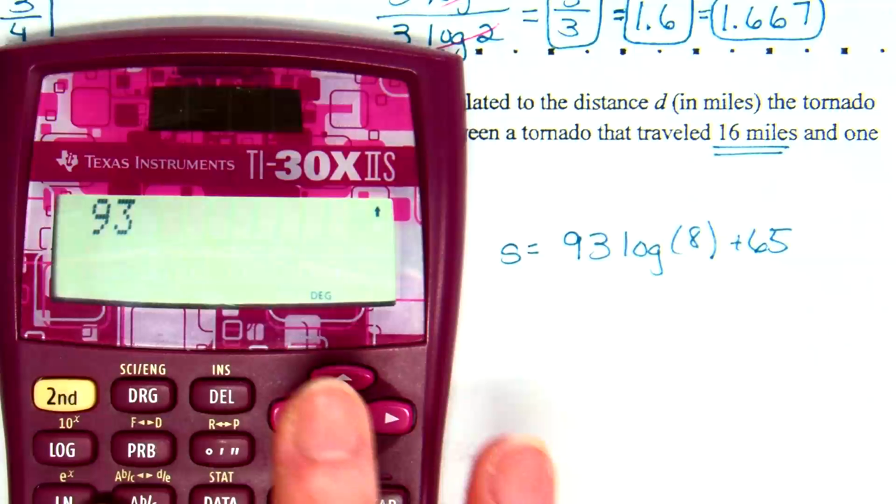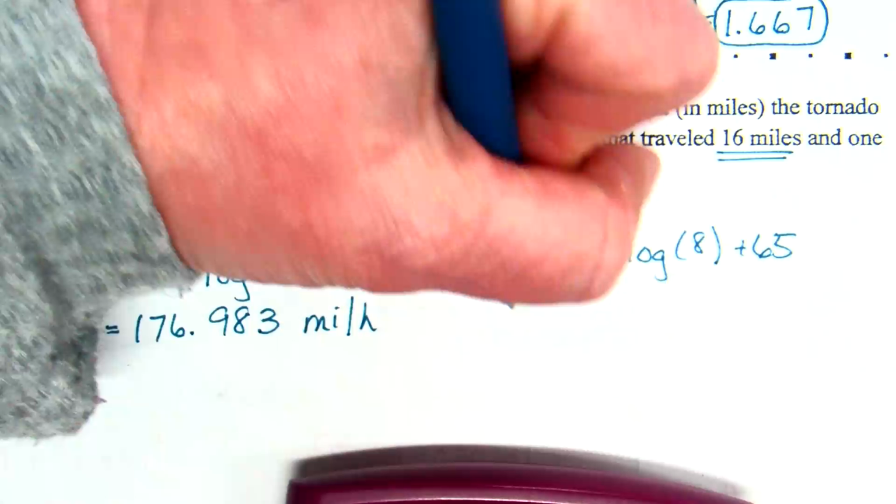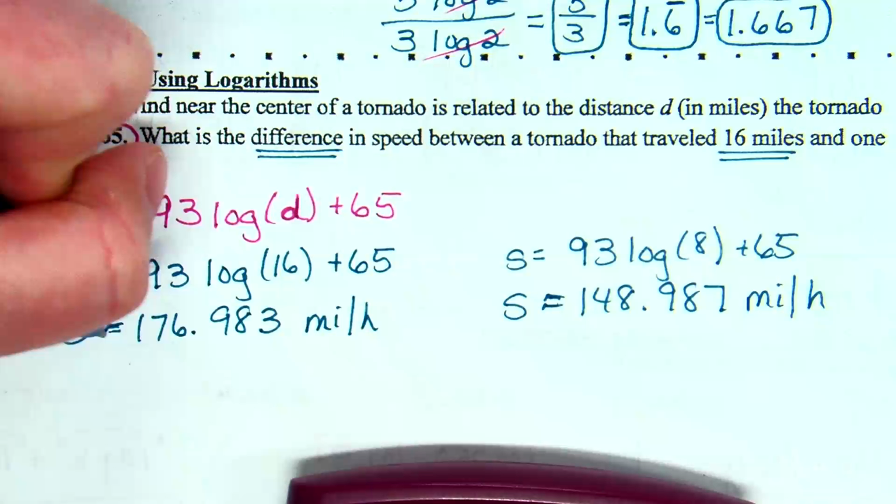Okay. Well, the question is, what is the difference in speed? So how do we find the difference in speed? You're going to subtract them. So 176.983 minus 148.987.